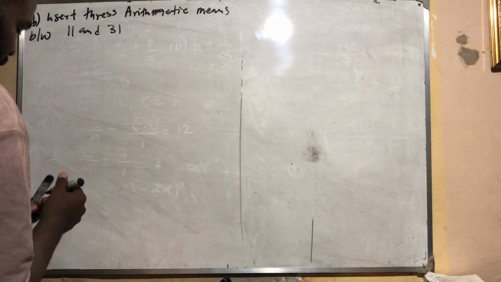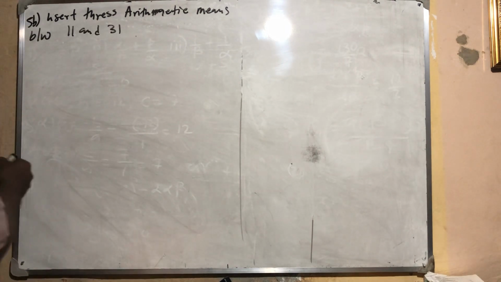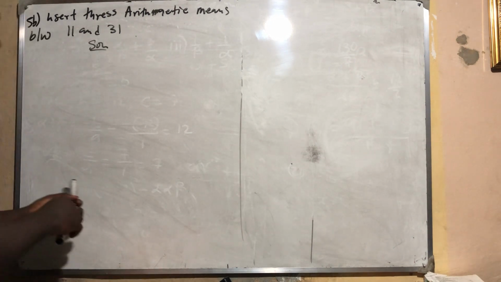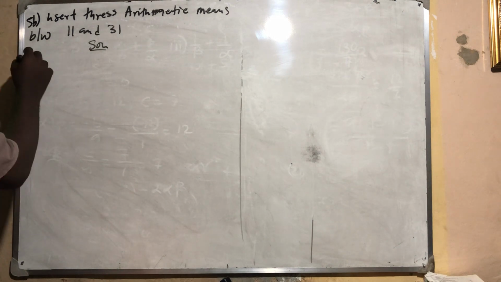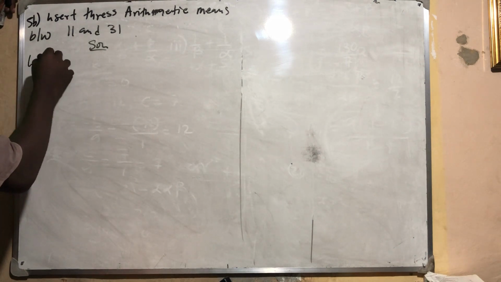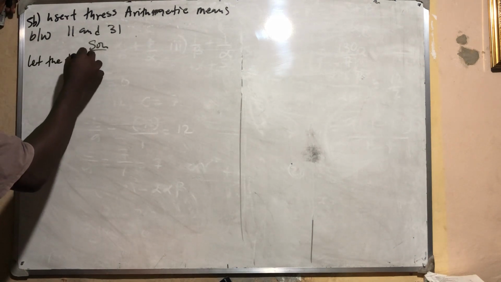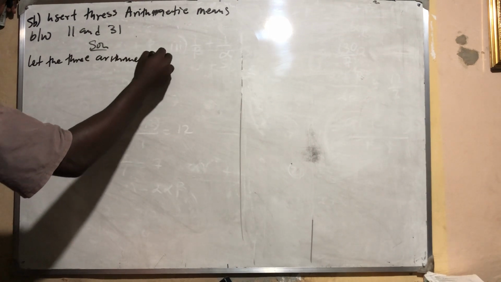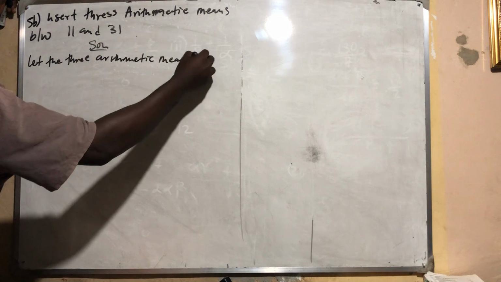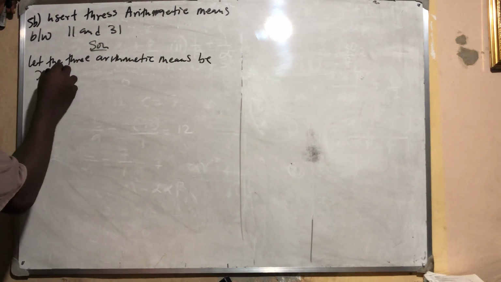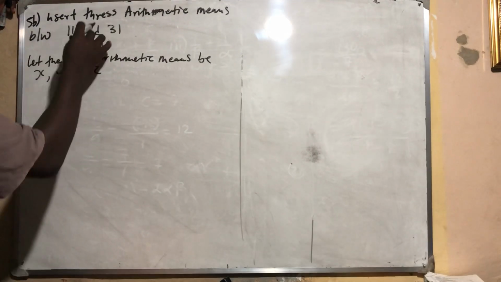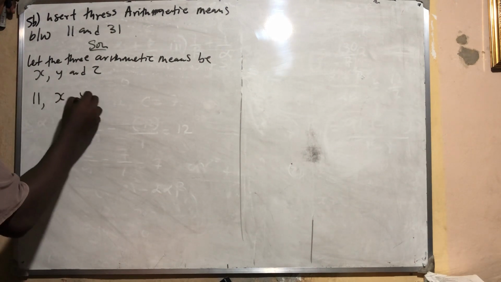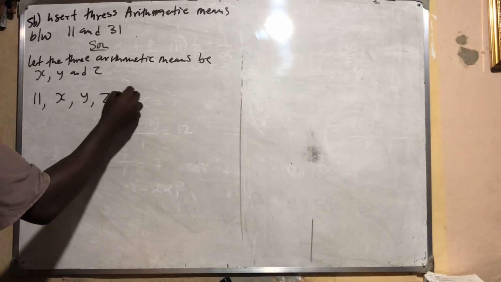Okay, this is a very simple question. Solution. So now let us insert it. Let the three arithmetic means be x, y, and z. So if you insert it, you have 11, x, y, z, 31.